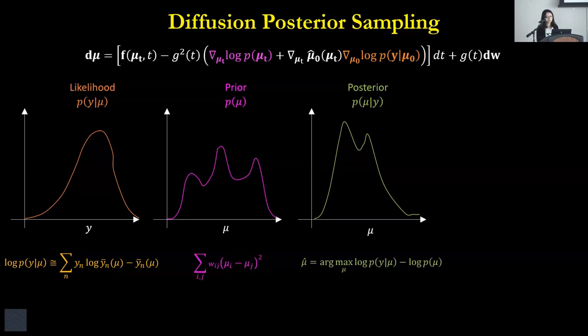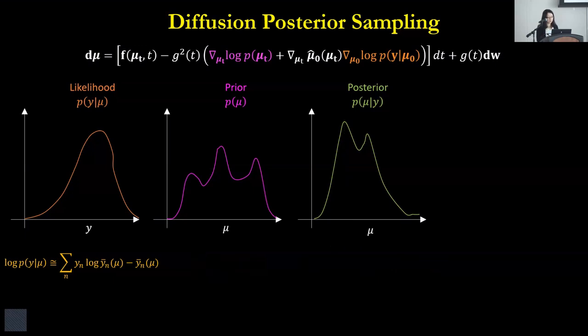In traditional model-based reconstruction, we can use very simple priors with analytical forms. For example, this is a commonly used smoothness prior. We can combine the likelihood and prior to form an objective function and use some sort of optimization algorithm to arrive at the maximum a posteriori, or MAP, solution, which is basically the estimate that maximizes the posterior distribution.